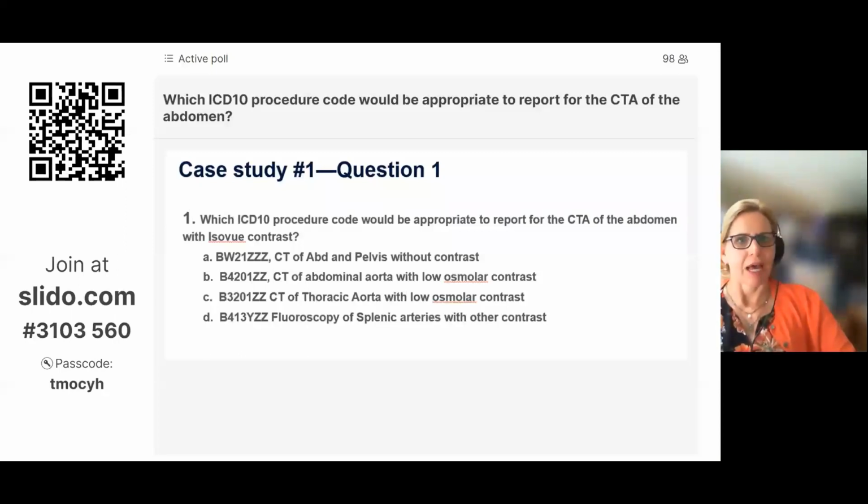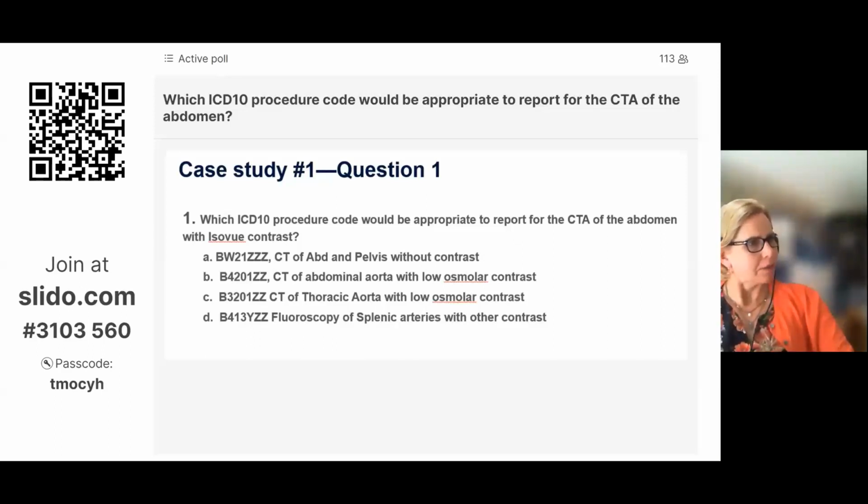So they had a CTA of the abdomen pelvis, is what was ordered. If I move off the Slido, it will stop it. And about 111 responses.